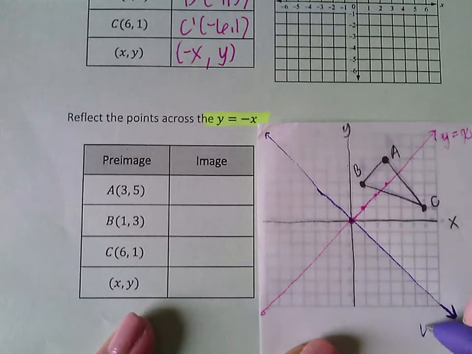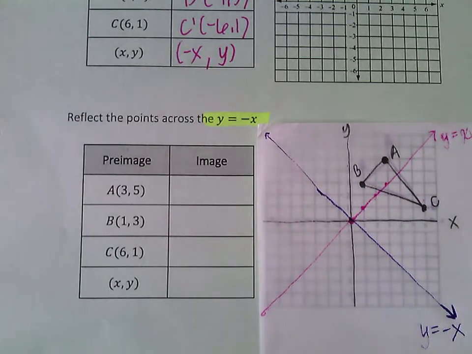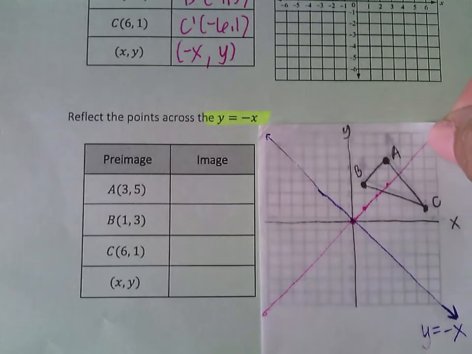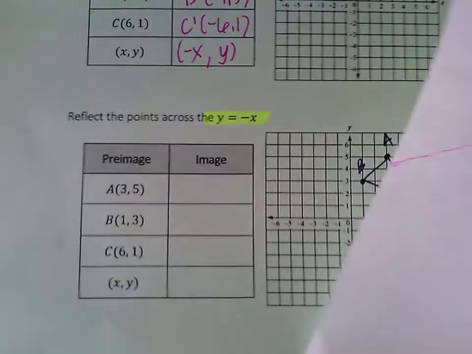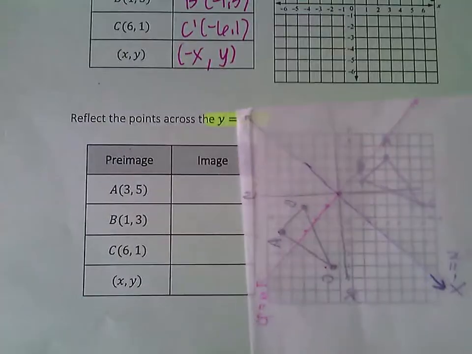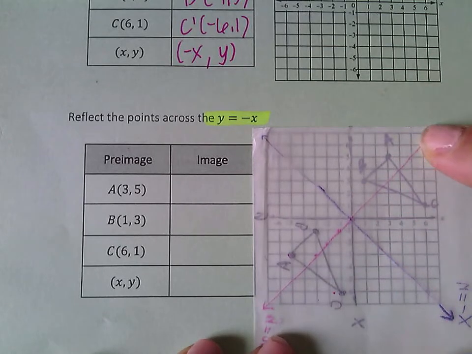So this is y equals negative x. So now we're going to go ahead and flip it the other direction. So you're going to grab the top right piece of your patty paper and bring it diagonally to the bottom left. Going to readjust so that it lines up with my x and my y axis.